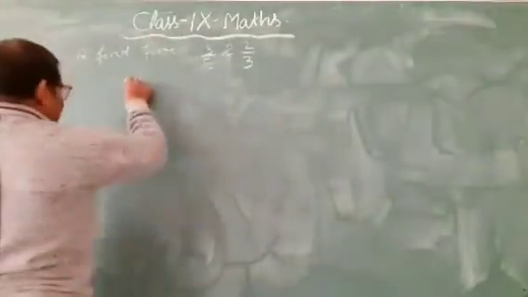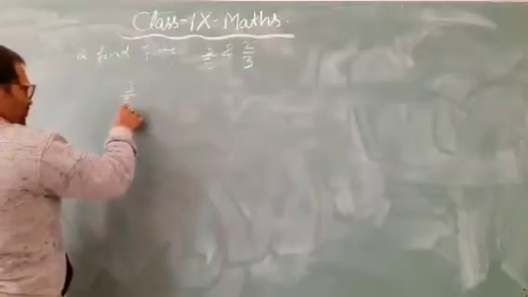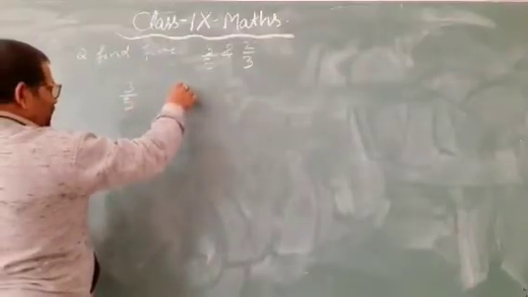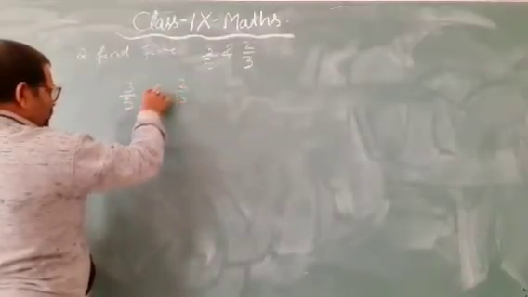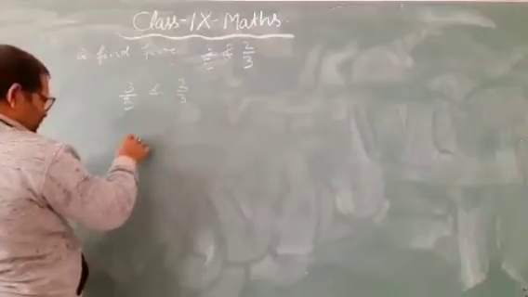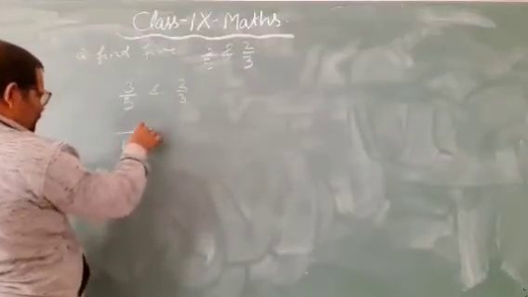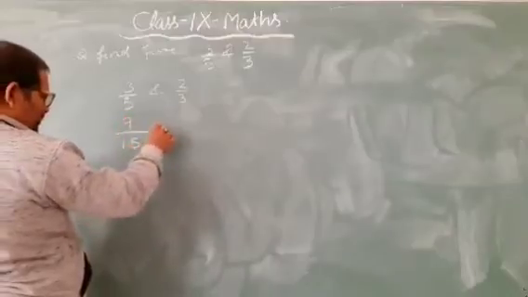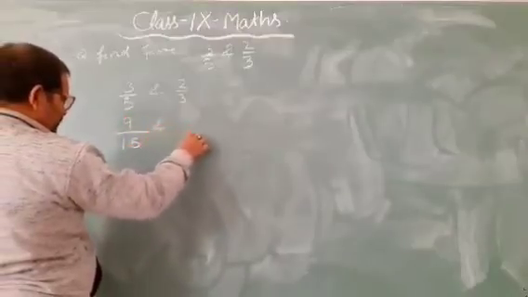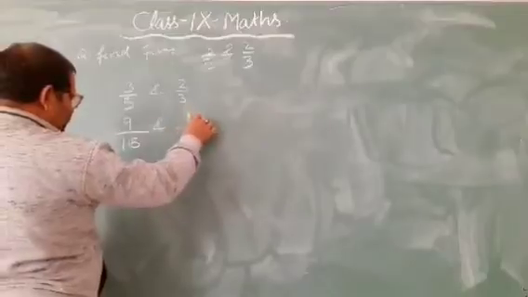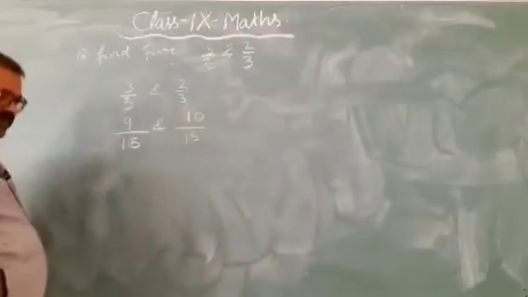So 3 upon 5 and 2 upon 3, with the denominator as 15, that is 9 upon 15 and 10 upon 15.